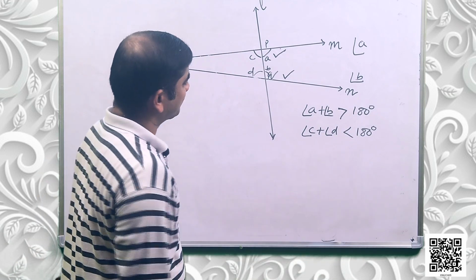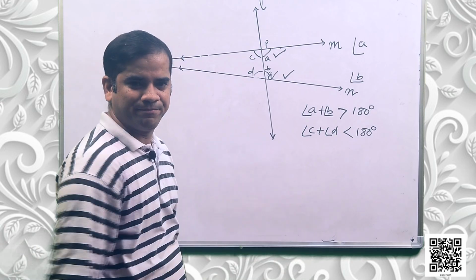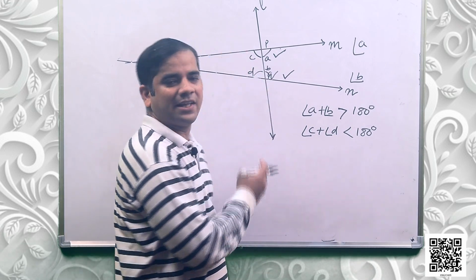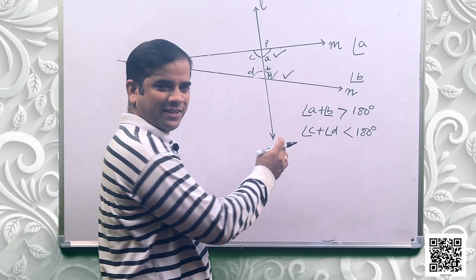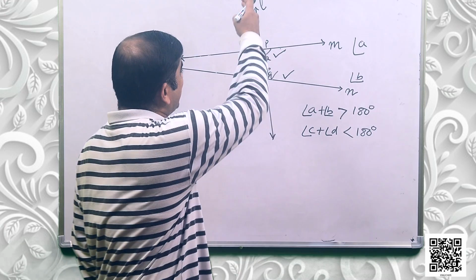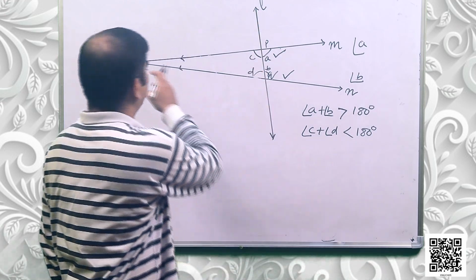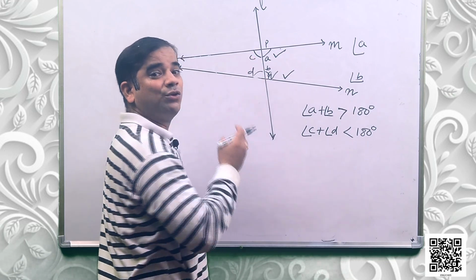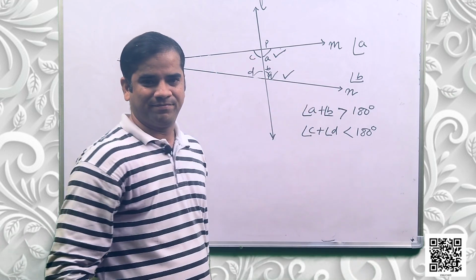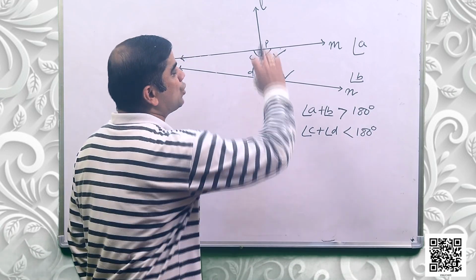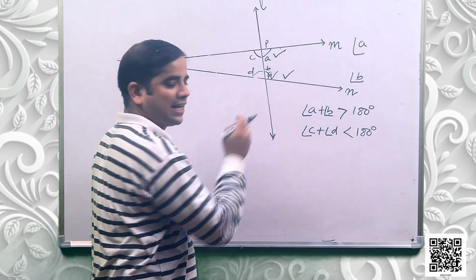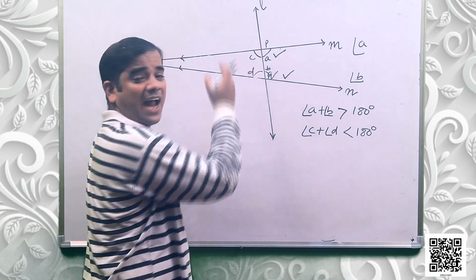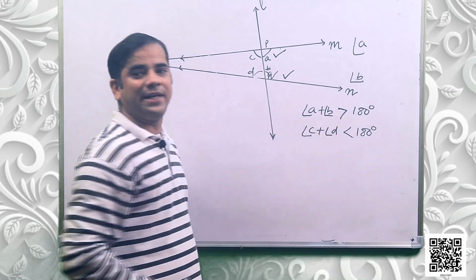So if I simplify, I can say two distinct lines when intersected by another line will meet each other at a point in the direction of the internal angles whose sum is less than 180 degrees.